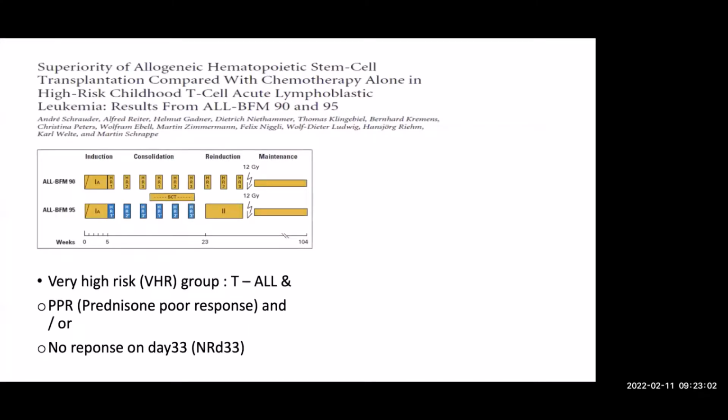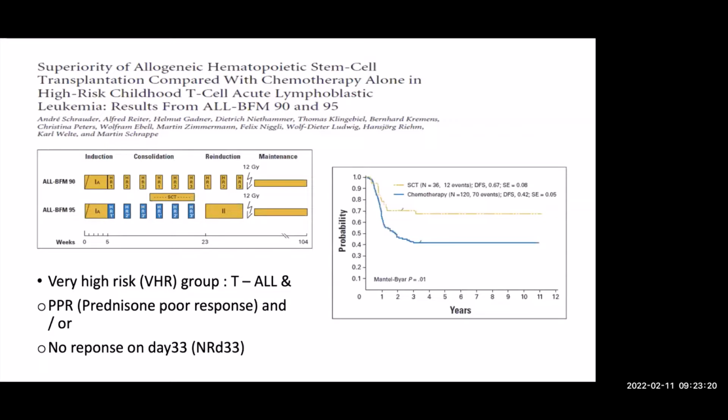Coming to the high risk features, there are studies showing superiority of allogeneic stem cell transplant in children with high risk features. The high risk features in this study are T-ALL patients who had poor prednisolone response and who had lack of remission at the end of induction. In these patients, those who received stem cell transplant compared with conventional chemotherapy had better disease-free survival.